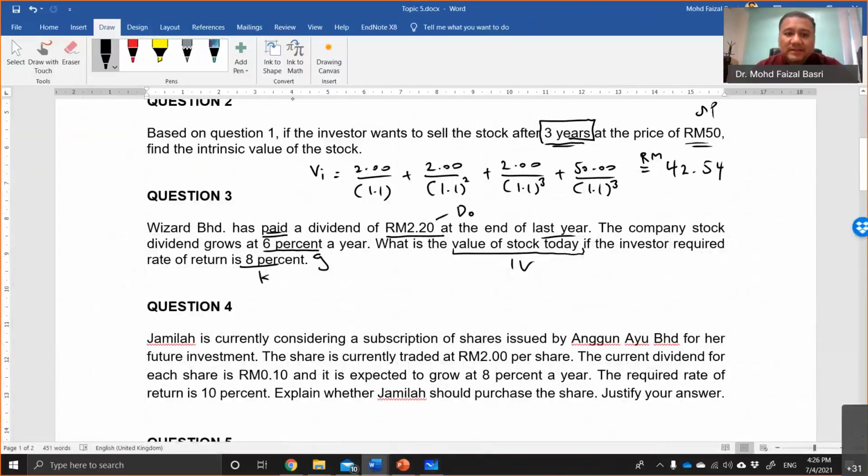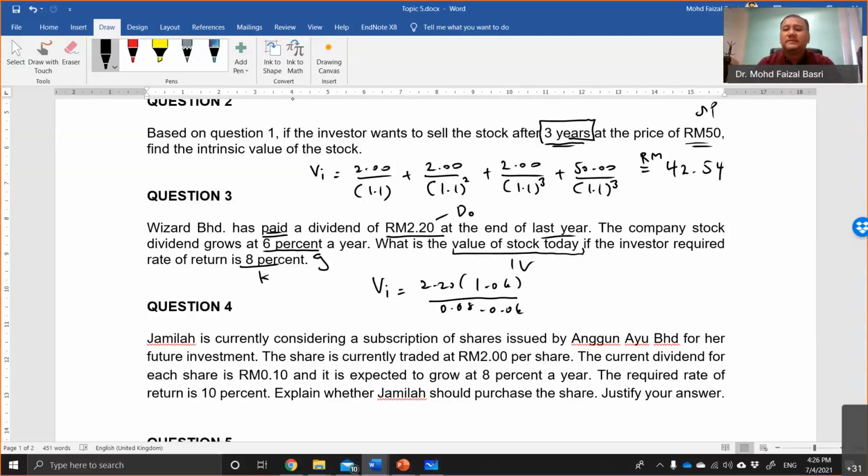So for question number 3, the 2 ringgit 20 cents is the D0. So to find the intrinsic value, you have to find D1 based on 2 ringgit 20 cents multiplied with 1 plus G. So the growth rate, don't confuse with 1 plus K. The formula is 1 plus G. So G is 6%, so 1.06, and divide by K minus G. K is 8%, G is 6%.